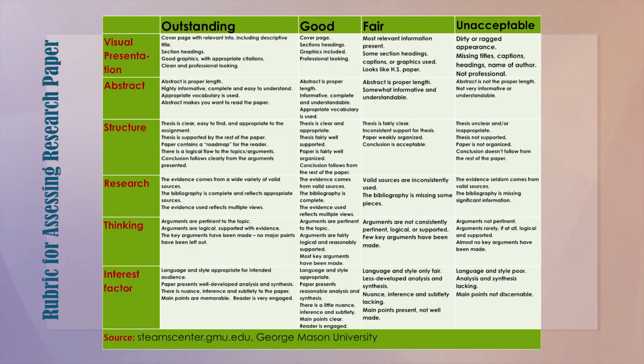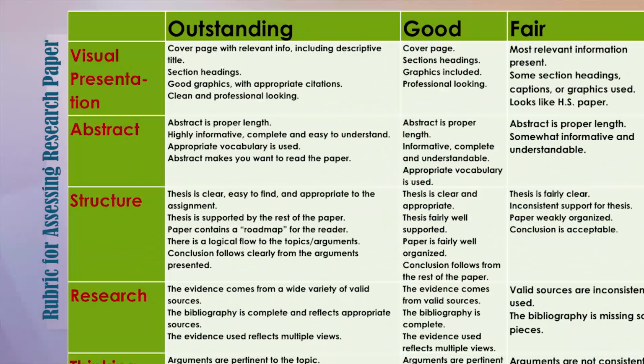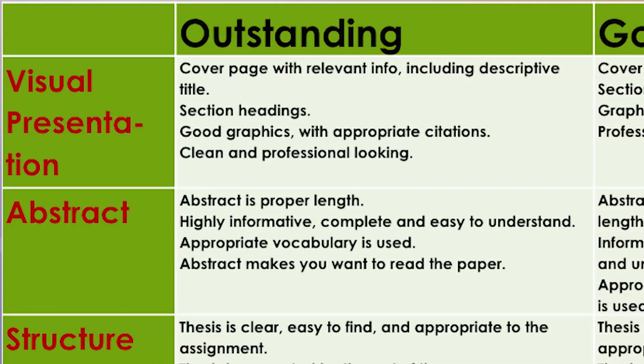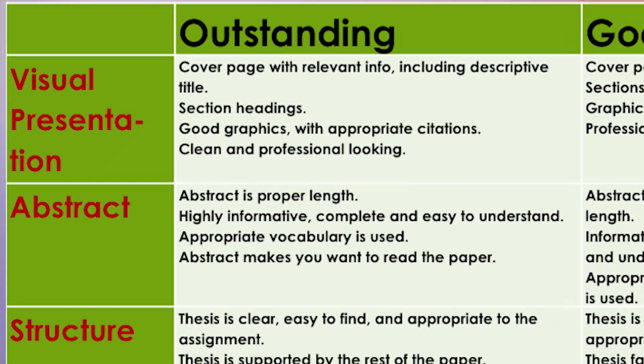Let us see the descriptions under each level for the criterion abstract. The description under the outstanding level for the criterion abstract is: of proper length, highly informative, complete and easy to understand. Appropriate vocabulary is used. Abstract makes you want to read the paper.